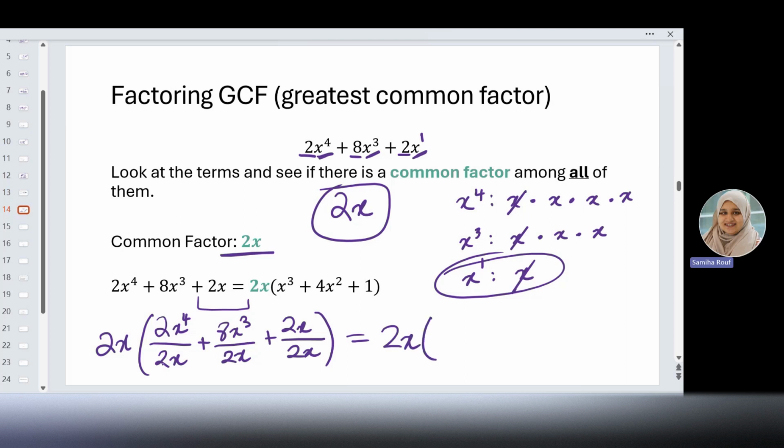Well, this 2 and this 2 divide out. x to the power 4 divided by x to the power 1 would give you x cubed. The 8 gets divided by the 2, it becomes 4. And then x cubed is getting divided by x, that gives you x squared. 2 gets divided by 2, and then this x gets divided by x, you're left with 1. All right? So this is basically the hidden step.